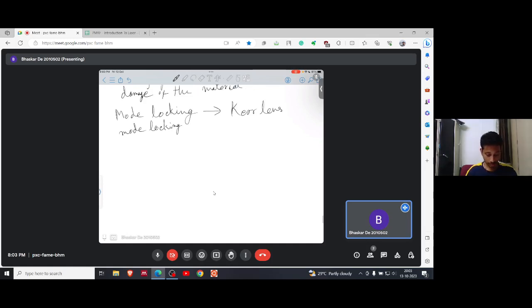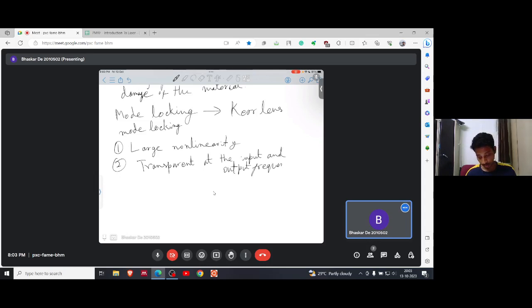The first one is large nonlinearity. Second, transparent at the input and output frequency.